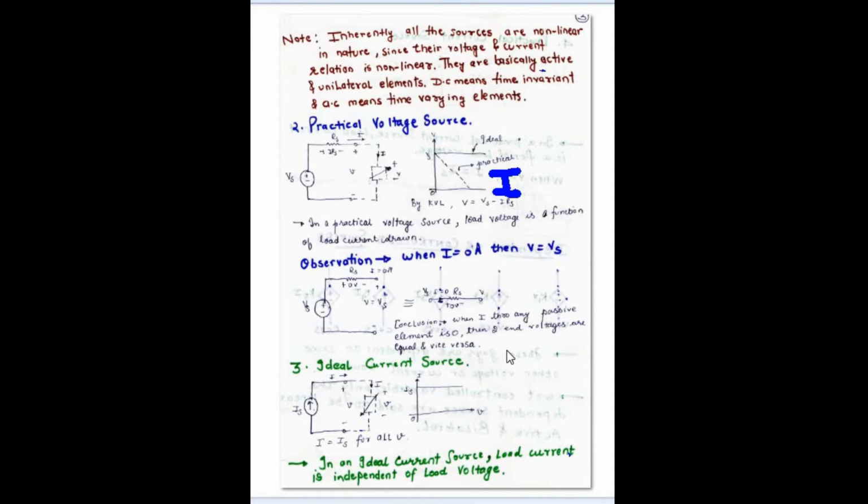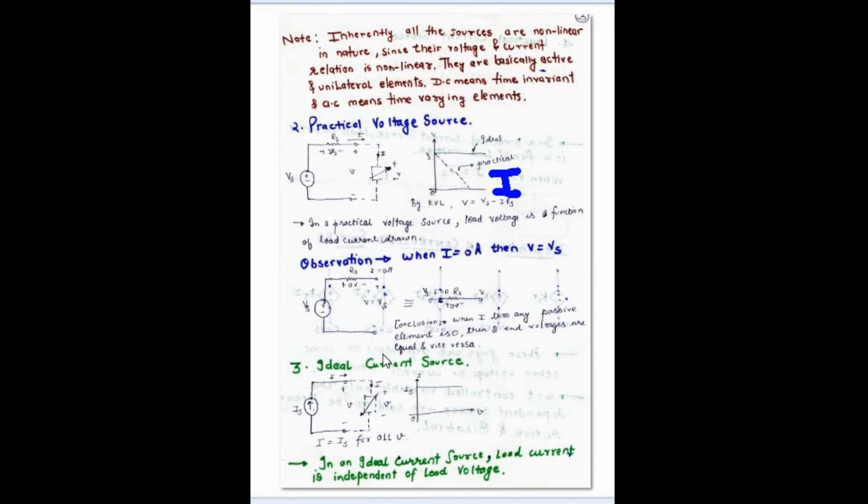So the very important conclusion we have to take here is that when the current through any passive element is 0, then two end voltages are equal and vice versa. Means in this case, if the current through this passive element, that is the resistor, is 0, then the source voltage Vs will be equal to the load voltage V. This was one very important observation in the case of a practical voltage source.